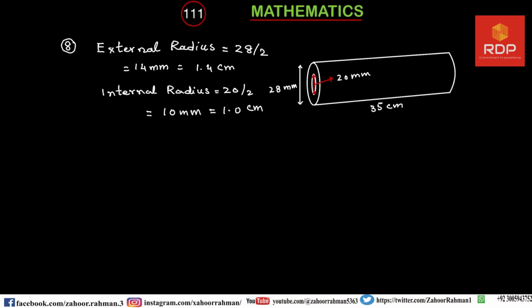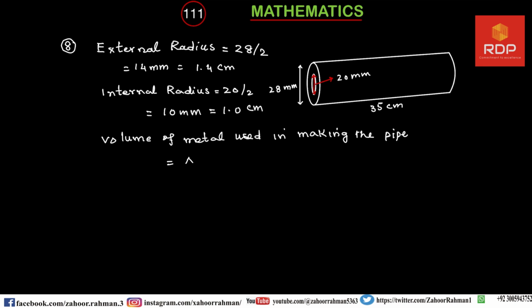Now, as we found the external and internal radii, we have to find the volume of metal used in making the pipe.